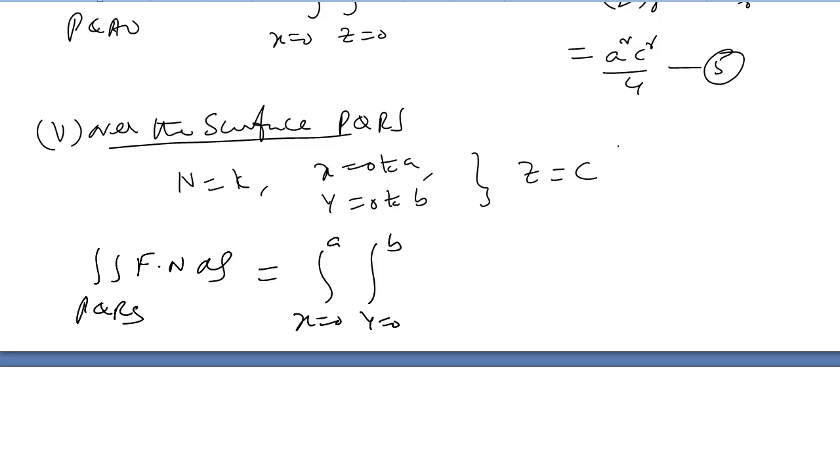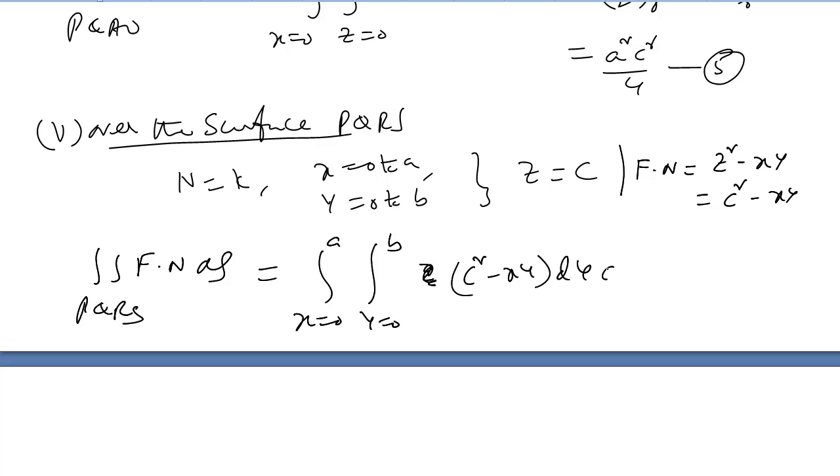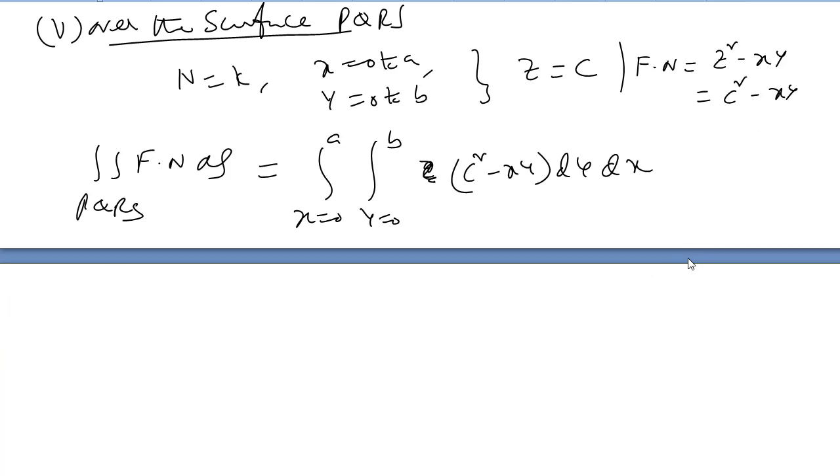F dot n equals z square minus xy, the k coefficient of f. Z square is c square, so c square minus xy dy dx. First integrate with respect to y.